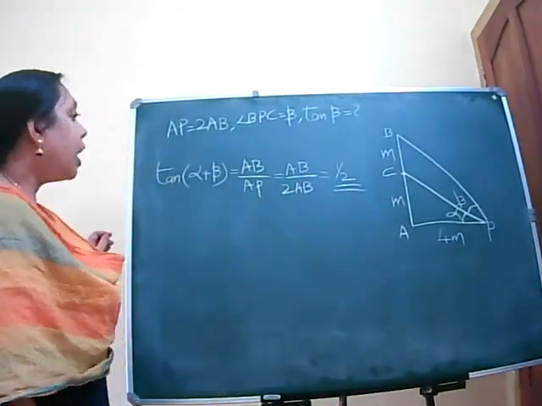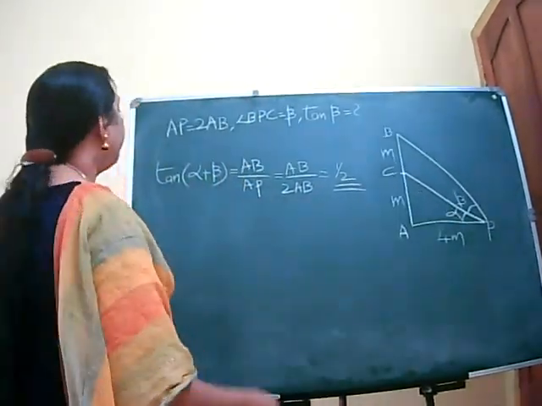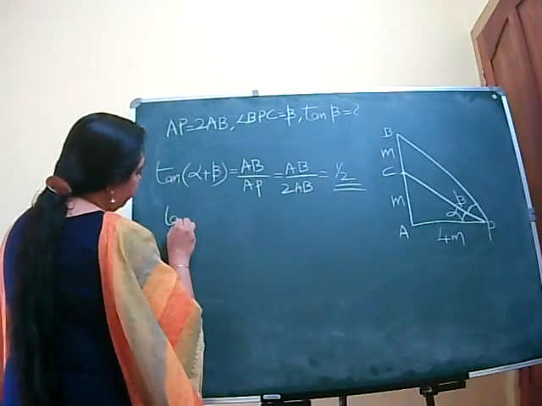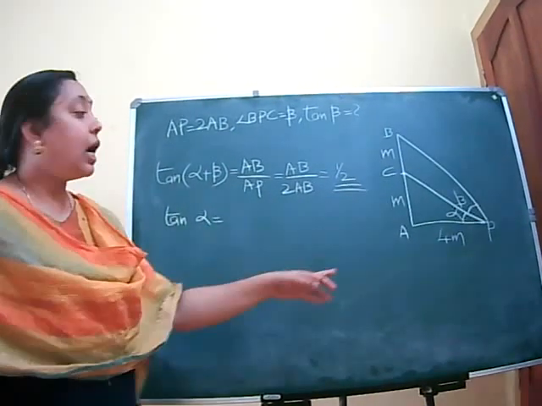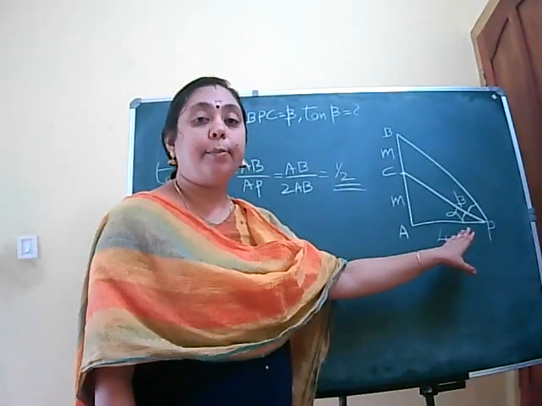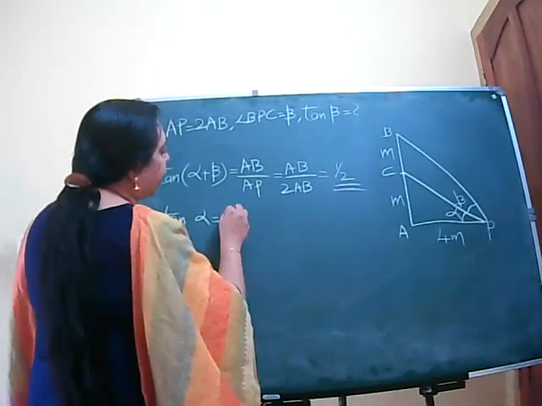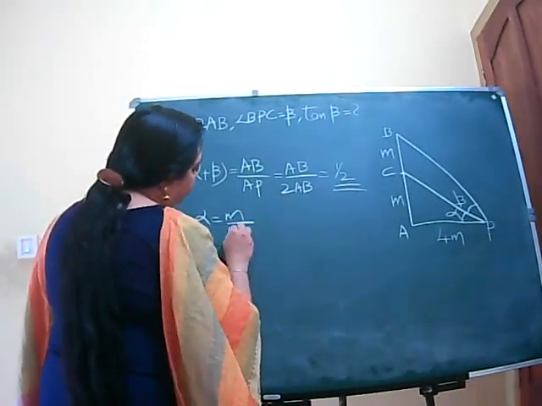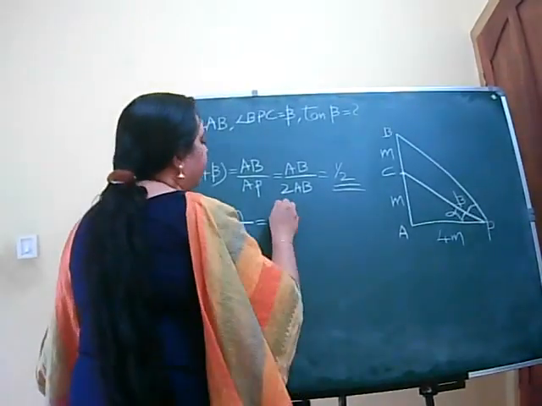Okay. Now we find tan alpha. Tan alpha is AC, that is m, divided by 4m. That is equal to 1 by 4.